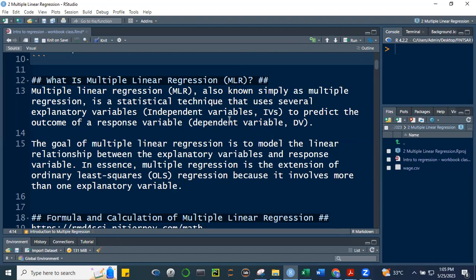So what's this? When we want to establish a relationship between a variable of interest and other variables, we want to create a model, we want to predict the value of that variable, okay, we can use a statistical tool called multiple regression or multiple linear regression. The objective is to identify which variables, aka explanatory variables or independent variables, can best explain or predict our response variable.